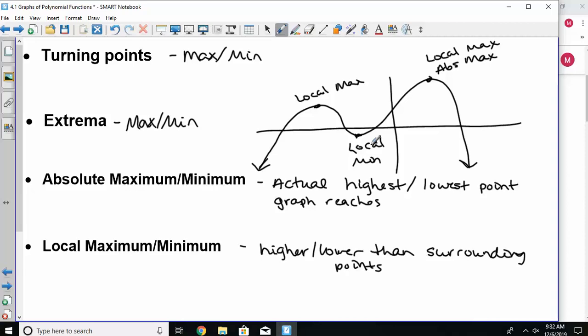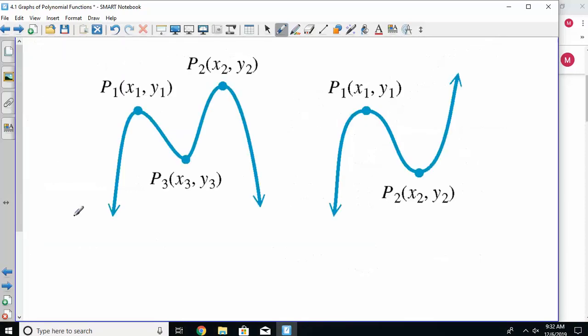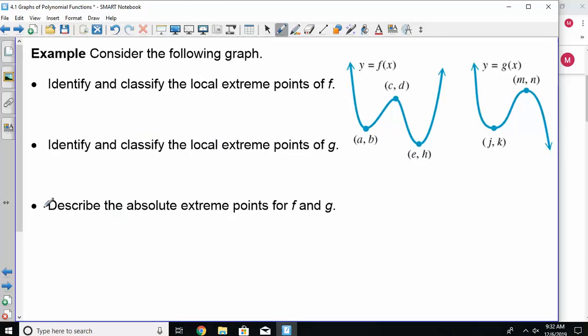Let's look at an example and try to classify some of these using our terms. So this isn't the one I put on yours. I did this one. Okay. So, local extreme points of F. So that's the first one.